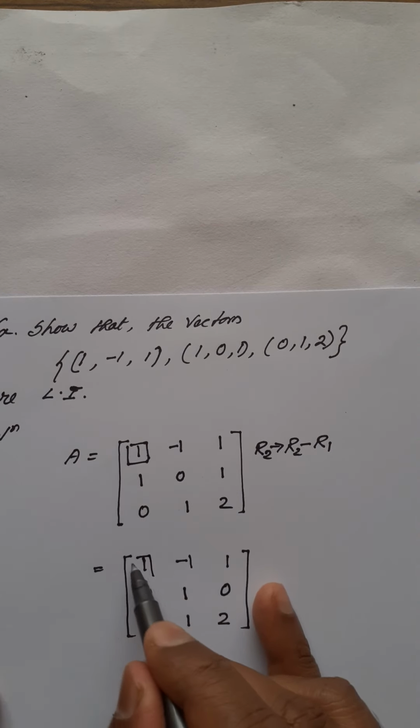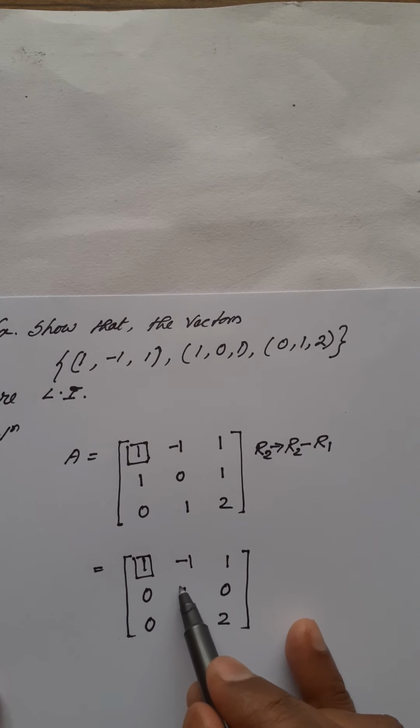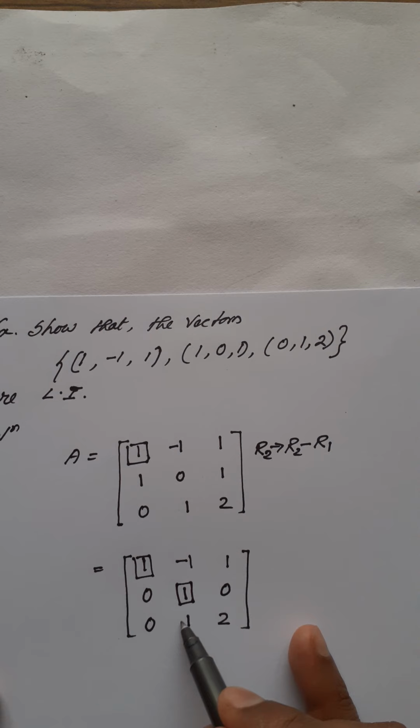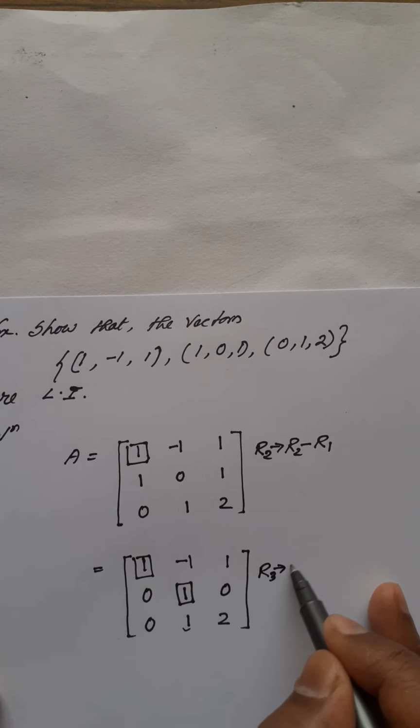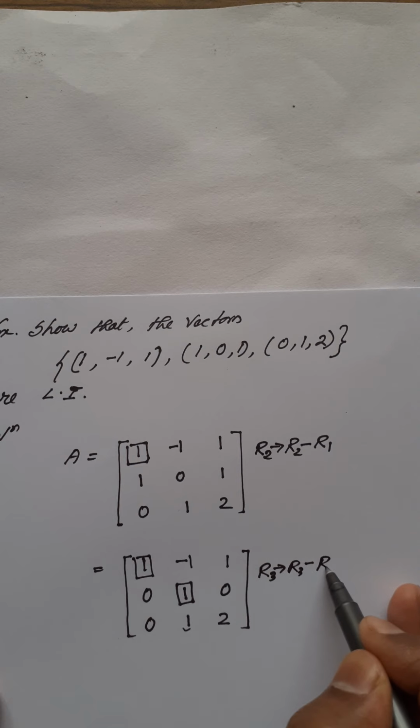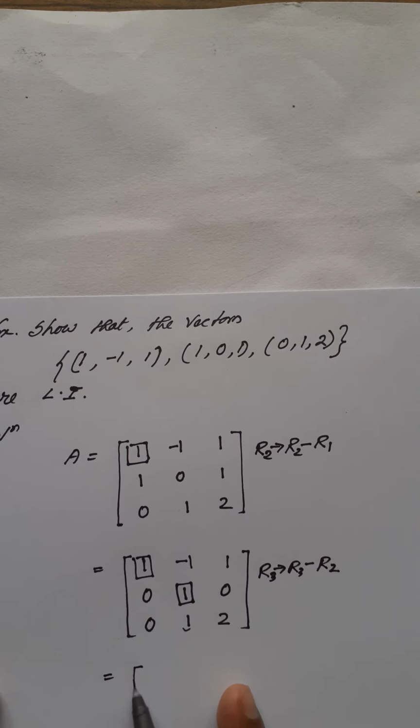So this is my first pivot, and this is going to be the second pivot. This entry needs to be reduced to 0, so we apply the operation R3 goes to R3 minus R2, and that gives 1, -1, 1, then 0, 1, 0, and then 0, 0, 2.